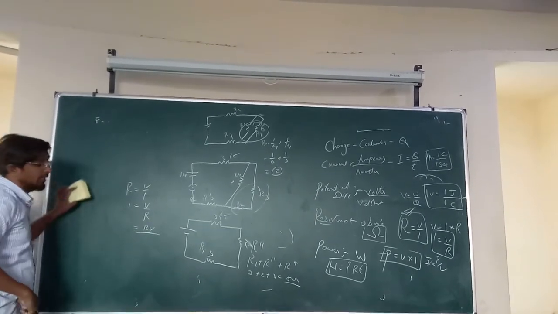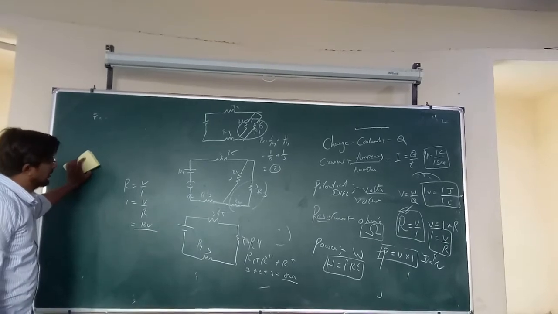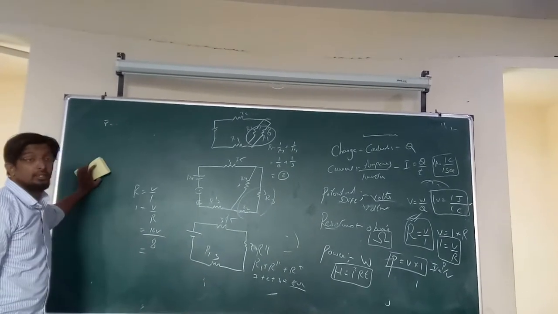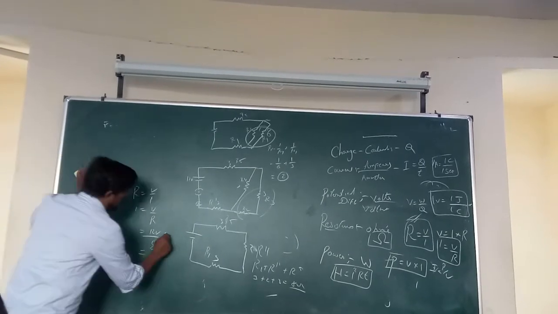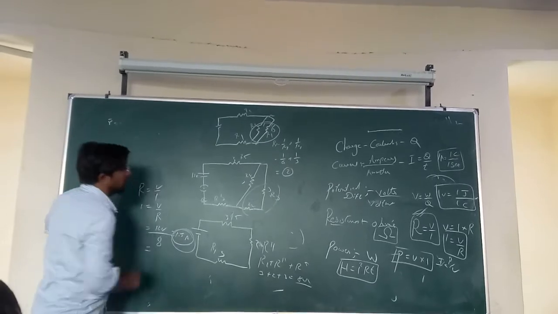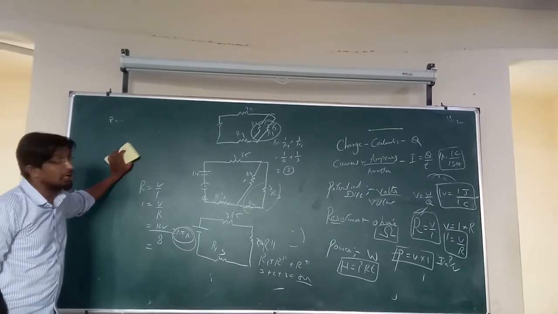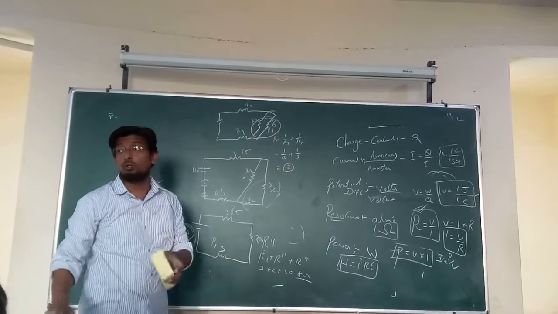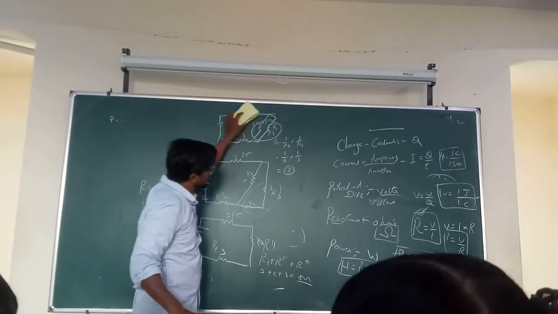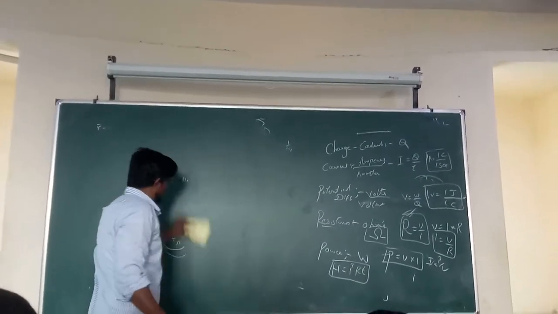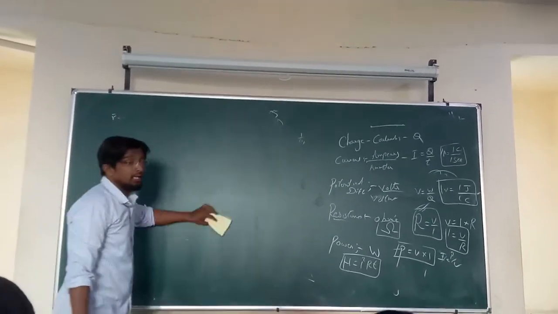What will be the resistance? 8 ohms. 12 by 8 amperes. Units are very important. This is the way you will calculate and use all these formulae. Whatever they give, you should be able to calculate. Okay? Let me give one more small problem on power calculation. Then we'll try to stop. Then I'll take your doubts.